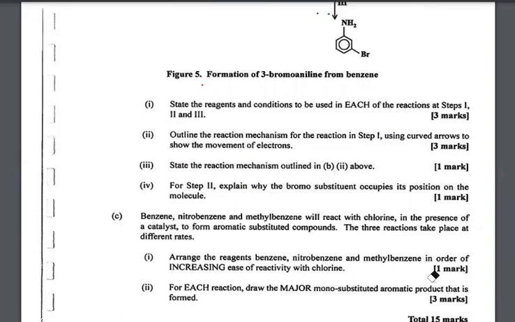So when it says in order of increasing ease, which one will you put first? The least reactive or the most reactive? The least. Right. All right, so which one is the least reactive? Nitrobenzene. Right. So it would be nitrobenzene.